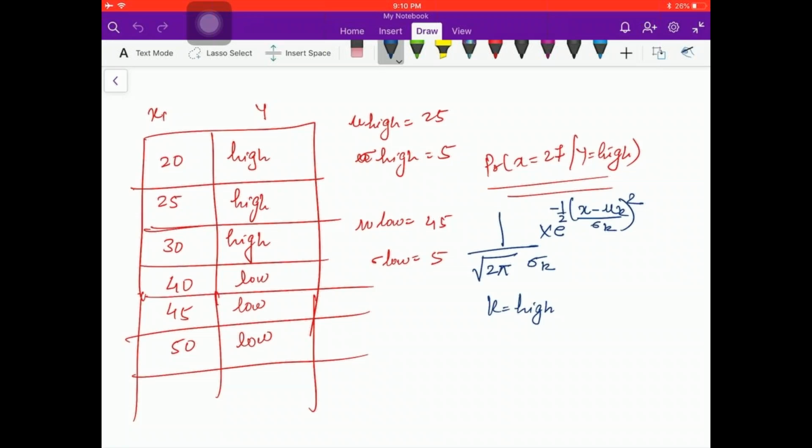X equal to 50 when y equal to high. Looking at these numbers, after 30 it's always low, y is low, right? That's the essence. But can you give me a number so that we have some reference to talk about?